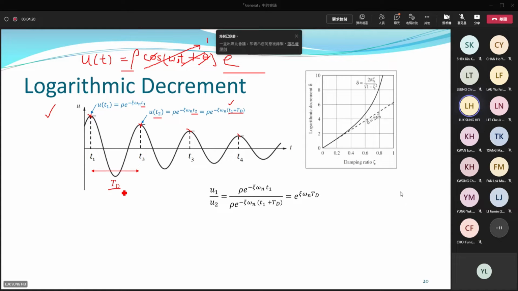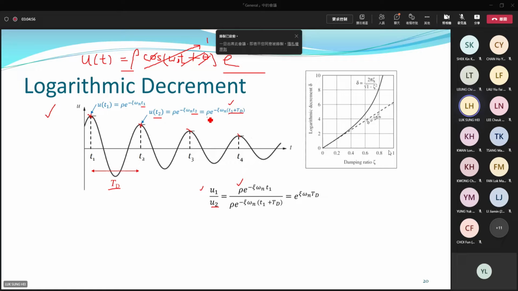Instead of considering individual displacement amplitudes, here we would like to take the ratio U1 over U2, or U1 over U3, or U1 over U4. To keep things simple, I just consider the ratio between U1 and U2. U1, as shown in the picture, is equal to rho e to the minus damping ratio omega n t1.